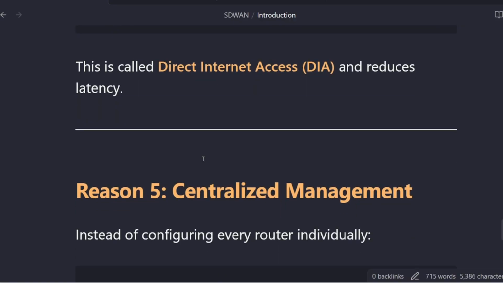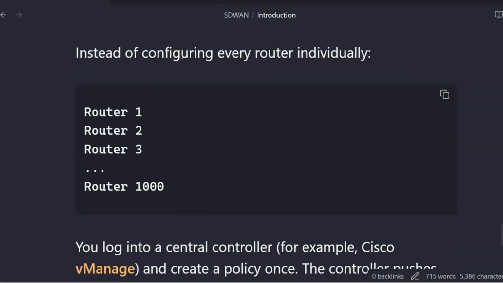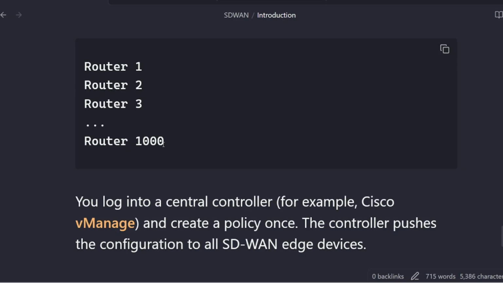Okay, coming to the last and very important use case of SD-WAN, which is centralized management. Understand, guys. Instead of configuring every router individually, when you have thousands of routers, you log into a central controller. For example, Cisco vManage. What is Cisco vManage? I will tell you guys. This is a device, a software, used for centralized management.